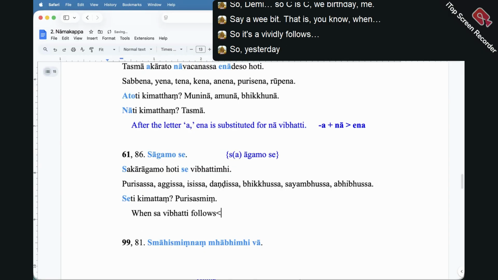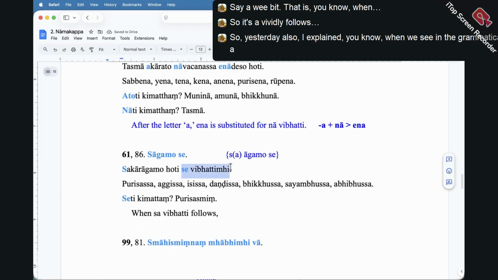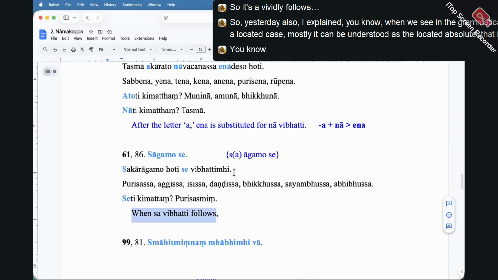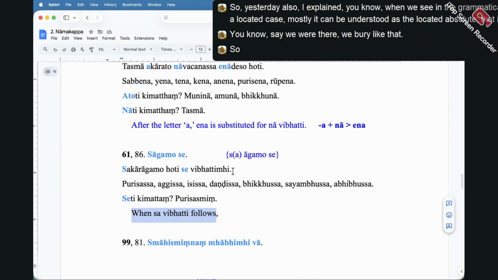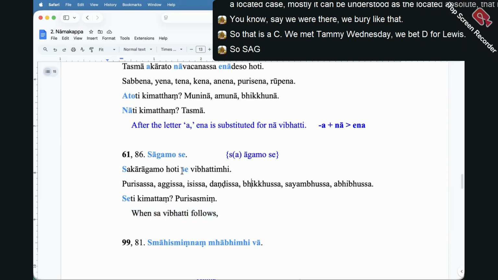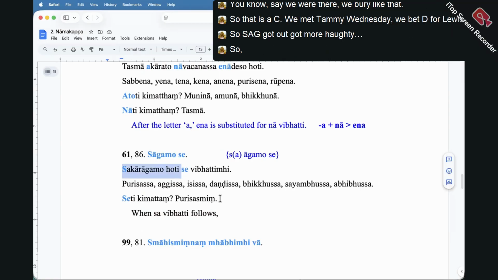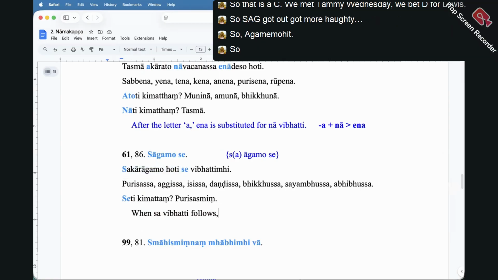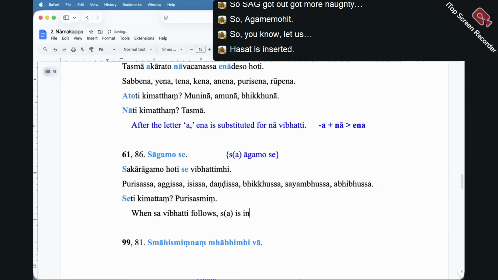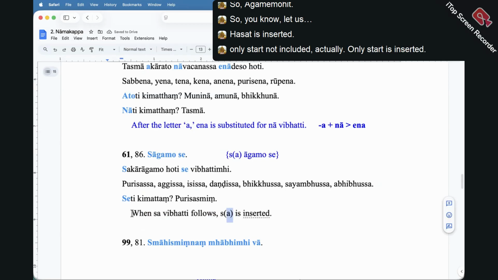So yesterday also I explained, when we see in the grammatical rules such a locative case, mostly it can be understood as the locative absolute. That is: when the 'sa' vibhatti follows, the 'sa' agama is inserted. Letter 'sa', only 'sa', no 'a' included actually. Only 'sa' is inserted, that is within the bracket.